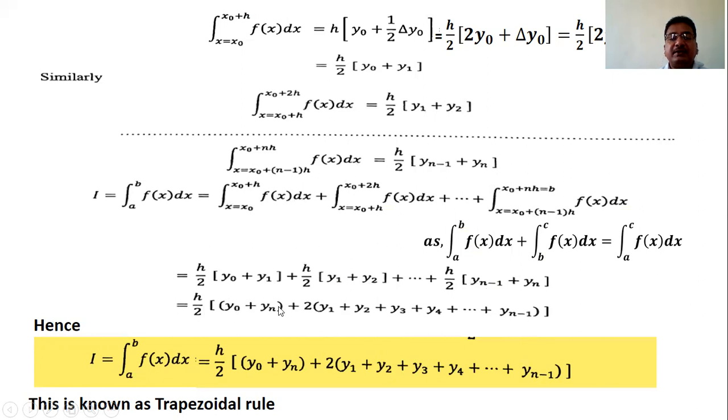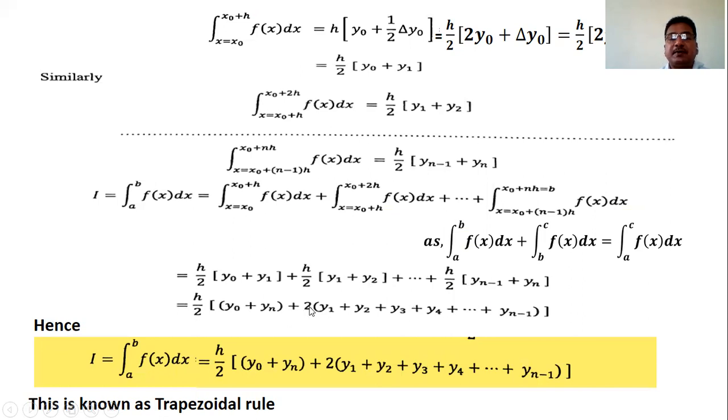What do we have in the bracket? y0 and yn are the single terms, and y1 plus y1 becomes 2 times y1, then y2 plus y2 is 2 y2, and in this way y(n minus 1) plus the previous term y(n minus 1) becomes 2 times y(n minus 1).